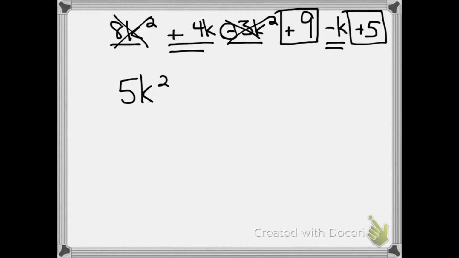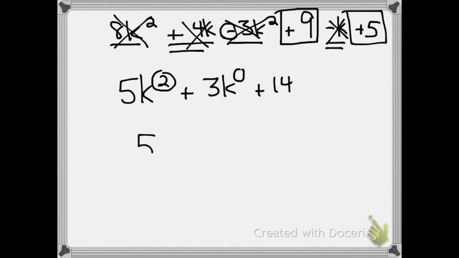So we actually will subtract. We end up with a positive 3k. So they're out. And then we simply have 9 plus 5. So the single constant goes last. So because this has an exponent, this doesn't, and this has no variable or exponent at all, this would be the correct order. 5k squared plus 3k plus 14.